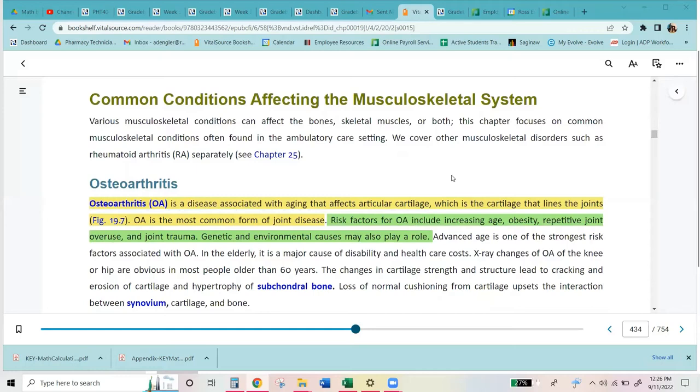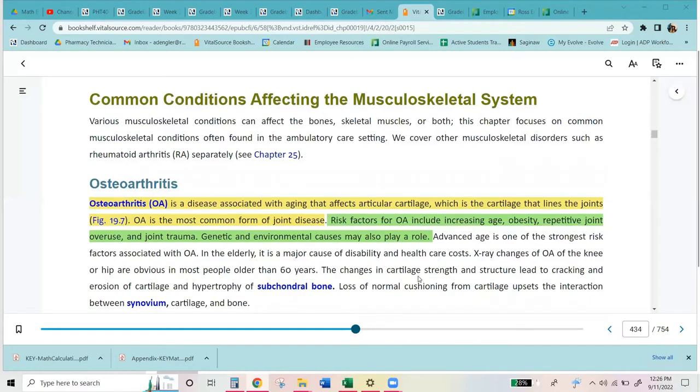Osteoarthritis is a disease associated with aging that affects articular cartilage, which is the cartilage that lines the joints. It is the most common form of joint disease, osteoarthritis. Risk factors are increasing age, obesity, repetitive joint overuse, and joint trauma.